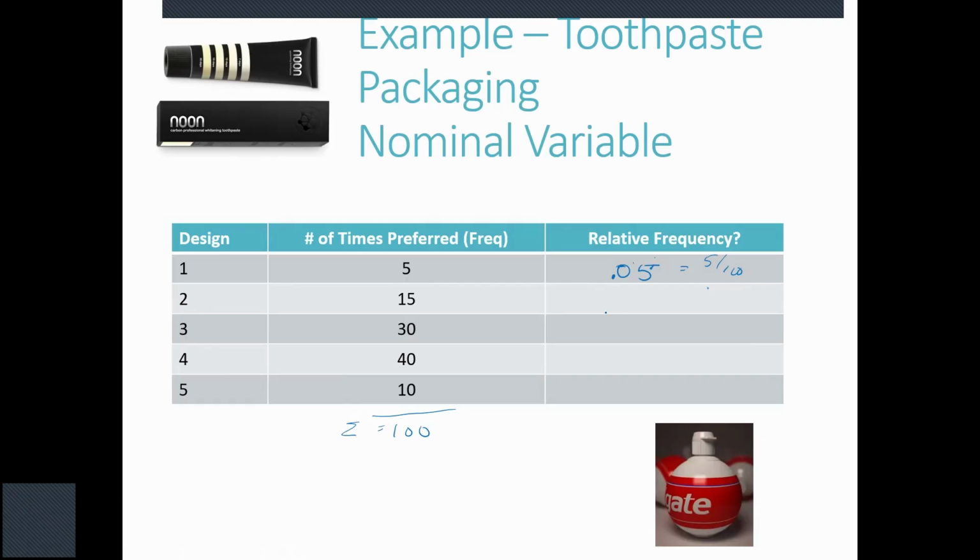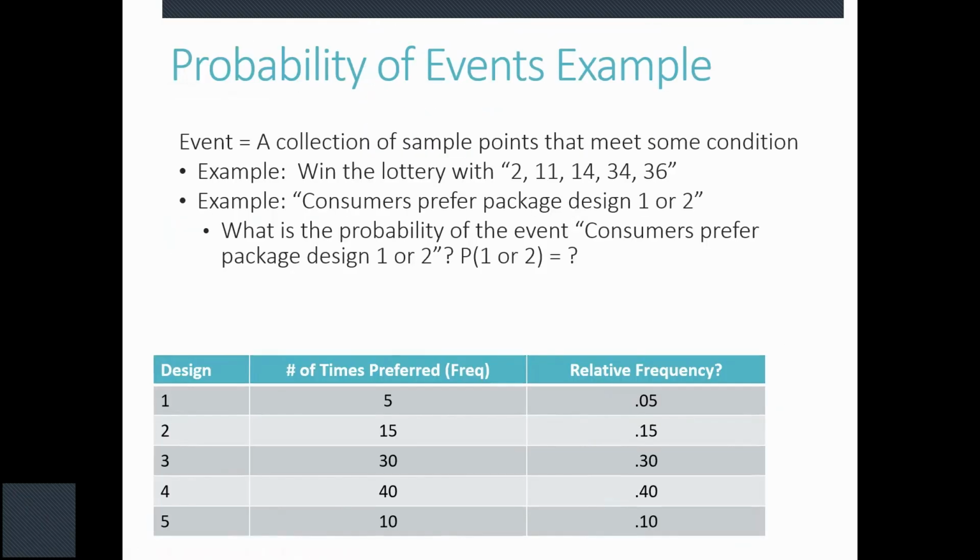And this one is 0.15, 15 divided by 100, 0.30, 0.40, and 0.10. So that should add to 1.00. And here it is in this very clean table.